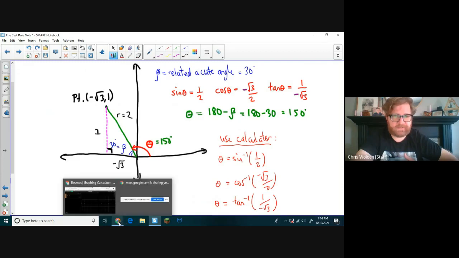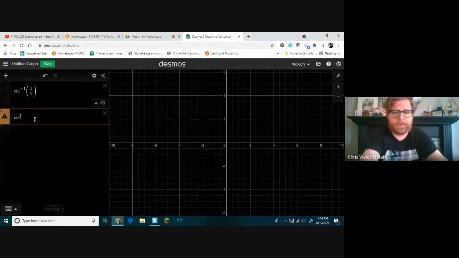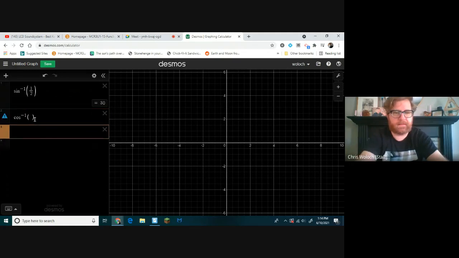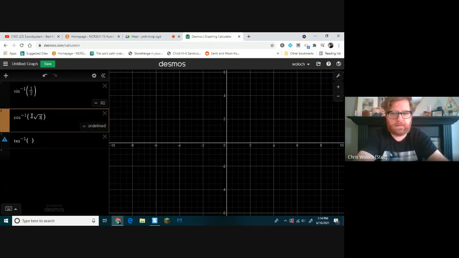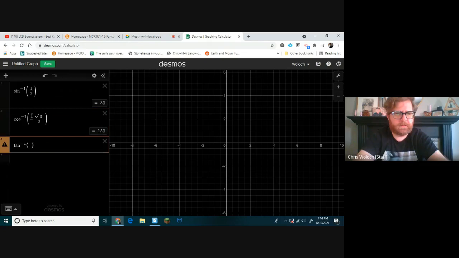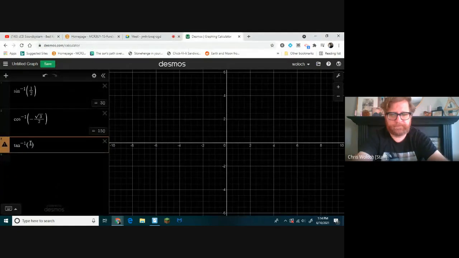But if I use Desmos, here's where the problem comes in. Cos inverse of negative root 3 divided by 2, and for this one, tan inverse of -1 divided by √3.